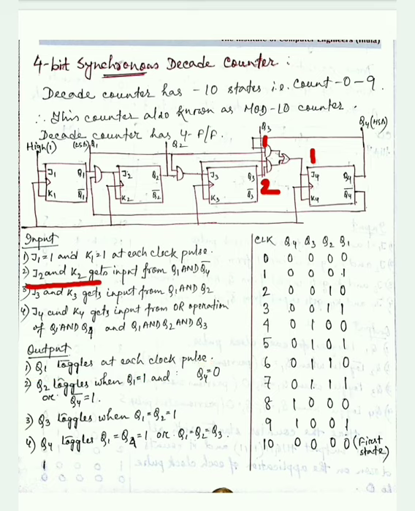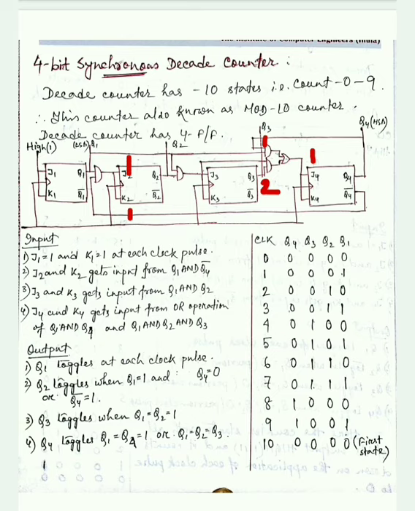Then J2 K2. J2 K2 gets its input from Q1 and Q4 complement, the AND operation of Q1 and Q4 complement.